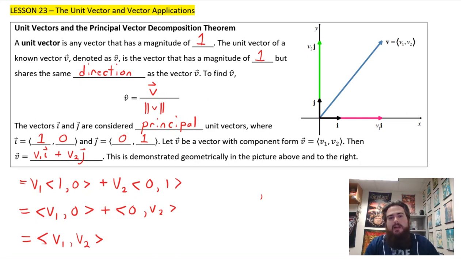There are some advantages that writing it in this principal vector format would have, or what we call principal vector decomposition. However, it more tends to be applied in certain sciences, particularly when dealing with electronics. You tend to see electronics and a lot of sciences use vectors in i and j format instead of component form.